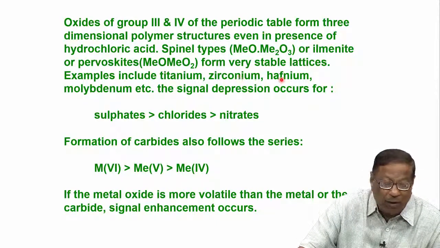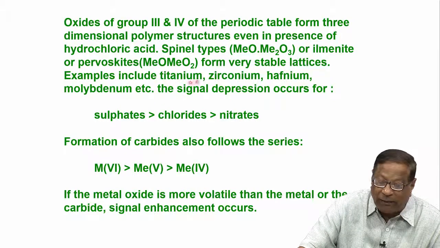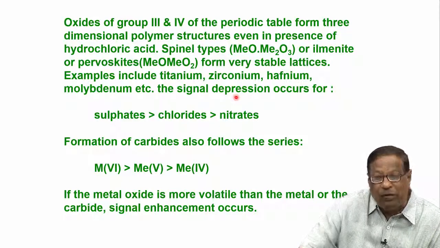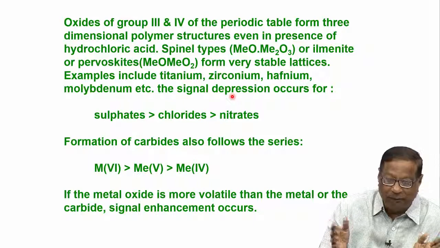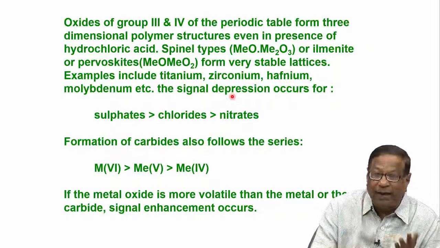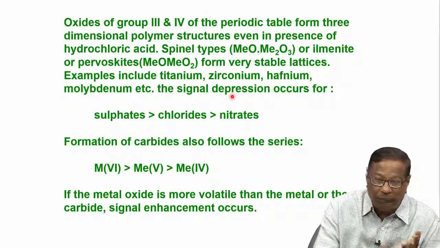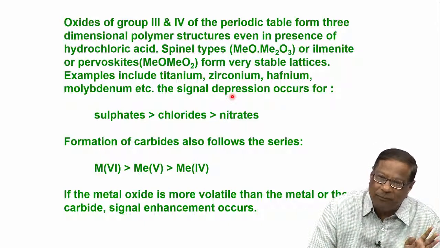titanium, zirconium, hafnium, molybdenum, etc. Among these, titanium, zirconium, these are all refractory elements only. So, the signal depression must occur whenever we have a formation of spinels or ilmenites or perovskites. So, when this happens, whenever there is titanium and then zirconium, hafnium, molybdenum, aluminum, etc. Silicon, yes.